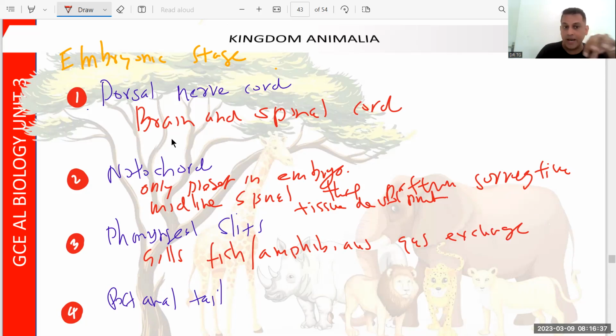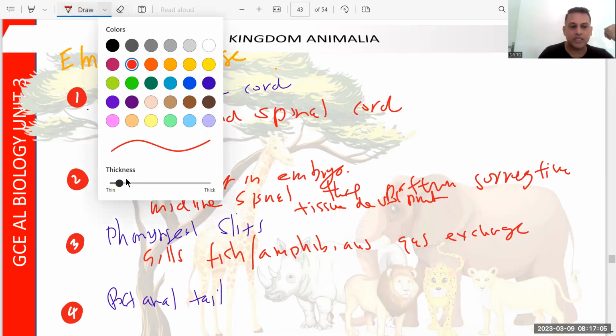I think brain and spinal cord is the only one we can find in all classes. Dorsal nerve cord, notochord is no longer there, and pharyngeal slits again we don't see in some classes. Only some classes like amphibians and fish we can see. Then the post anal tail again we can see, and sometimes we don't see much.